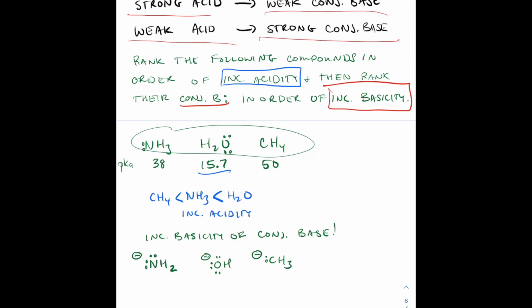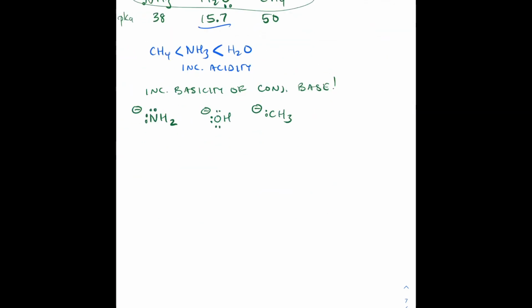The trend is now opposite for the basicity of these molecules. So CH3 minus is the strongest base, while hydroxide is the weakest base. Again, notice that trend is opposite to the acids.